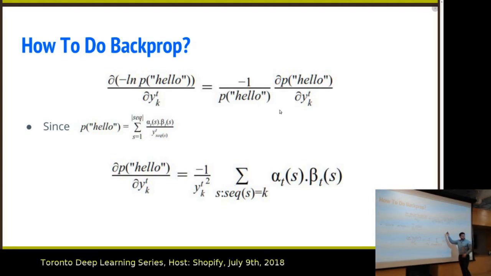We're using the chain rule, and so we have established that since hello is going to be equal to this, we will just take this component. So it's going to be like 1 over yt of whatever token we're interested in, and we'll just take its derivative with respect to k. So sequence of s will be converted to k.